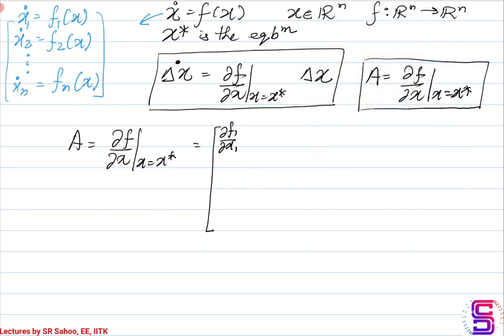So we have del f1 by del x1, del f1 by del x2, and this goes on till del f1 by del xn. So for the first row you take f1 and take its partial with respect to x1, x2 till xn.